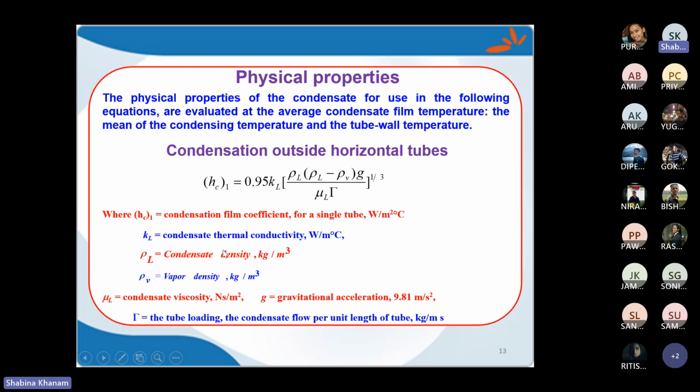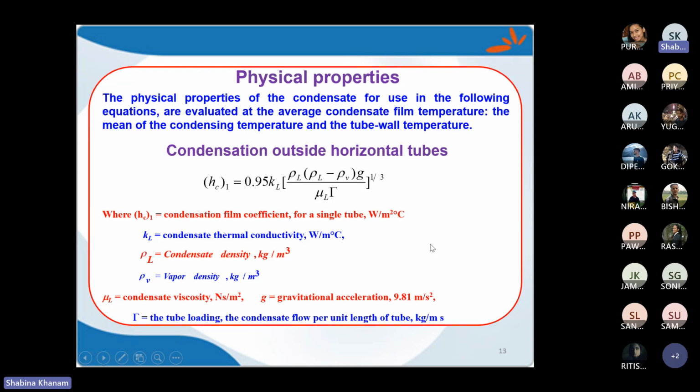Now, this particular parameter, capital gamma, is called the tube loading, the condensate flow per unit length of the tube. It will depend on the flow at which you are getting condensate, which is usually known, and that is in kg per meter second. So in that way you need to consider this capital gamma, and we can have HC1.